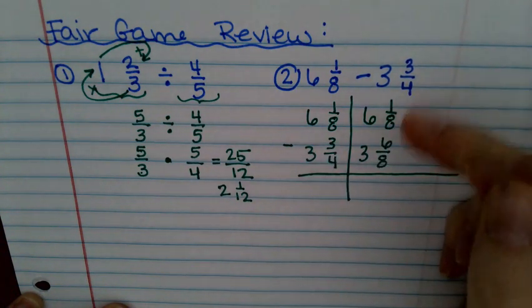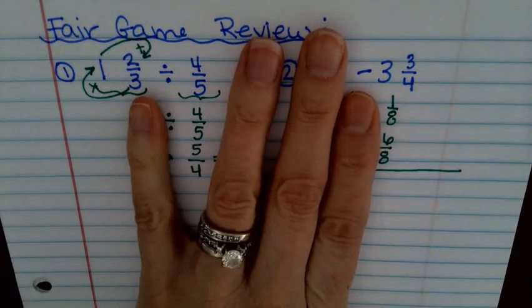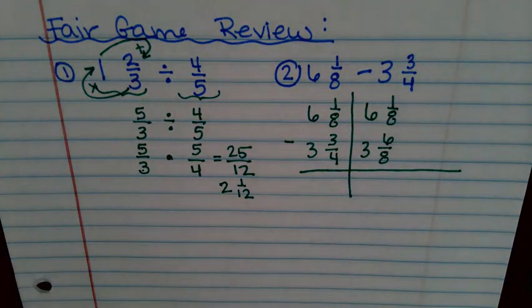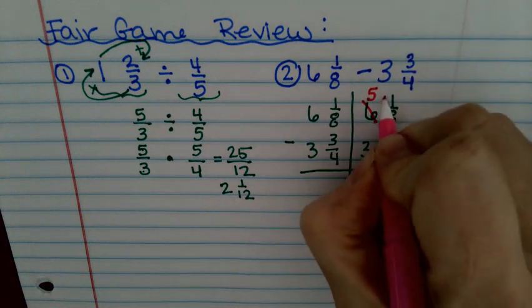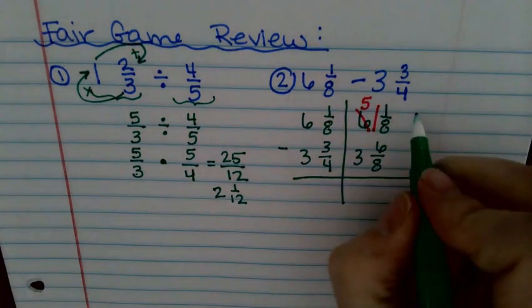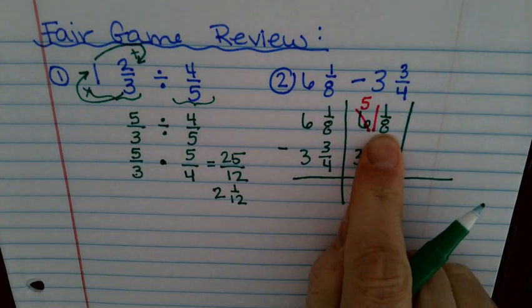Now, I notice I can't really subtract 6 from 1 there because 1 is smaller than 6, so I'm going to borrow. Now, this is the tricky part. This is where I change this to 5 and this to 1 1/8. Well, why did I do that? Let's see. What happens when I turn 1 1/8 into an improper fraction?